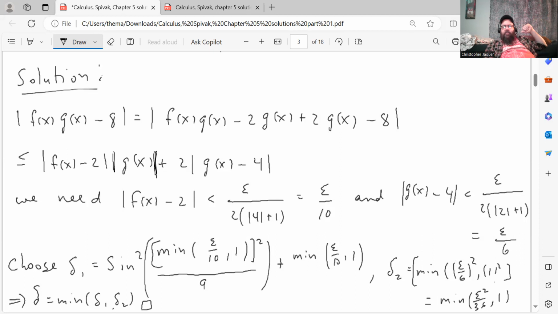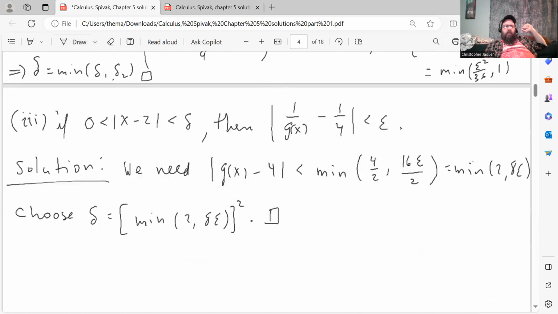Then take delta 2 to be, if you simplify this thing up here, epsilon over 2 times 3, that gives you epsilon over 6. So we need delta 2 to be min((epsilon/6)^2, 1^2), or in other words, min(epsilon^2/36, 1). Then you choose delta to be the minimum of those two numbers, and that gives you what you need. That'll make this less than epsilon.